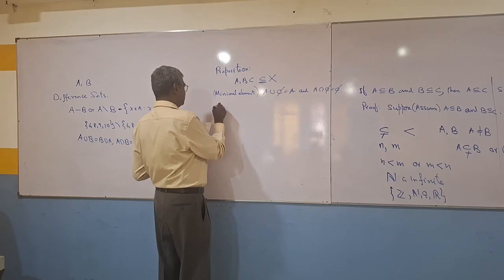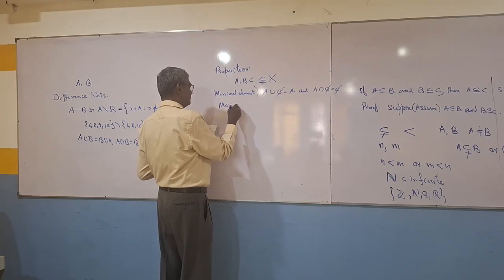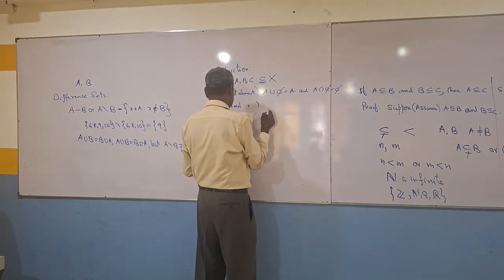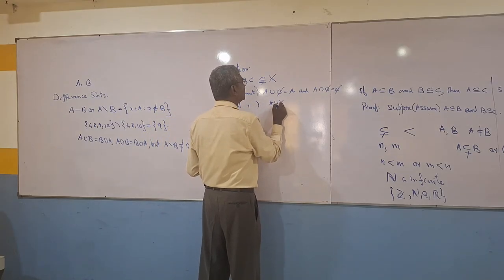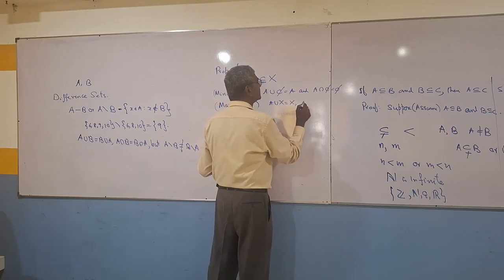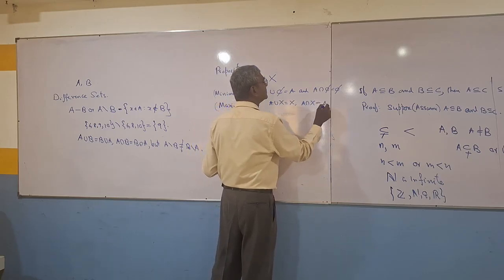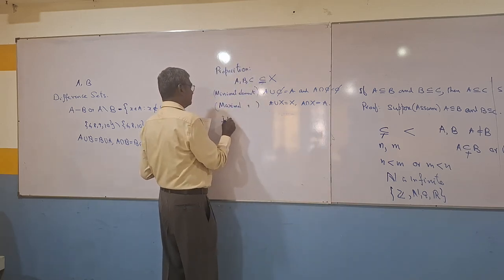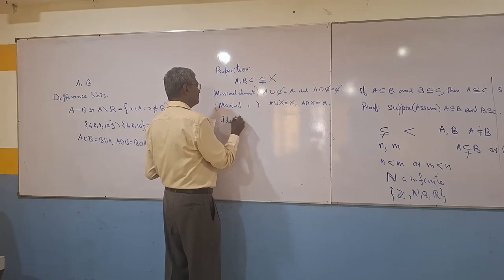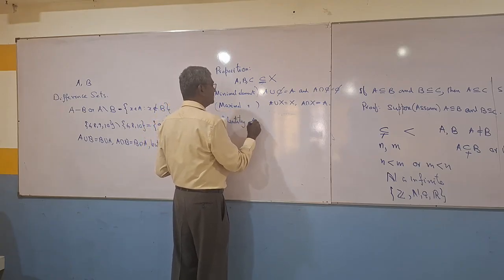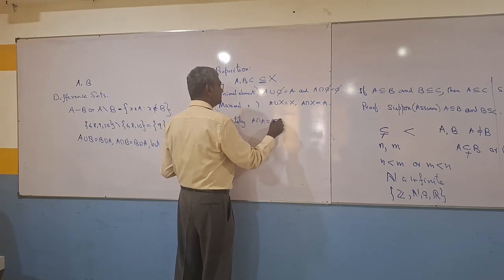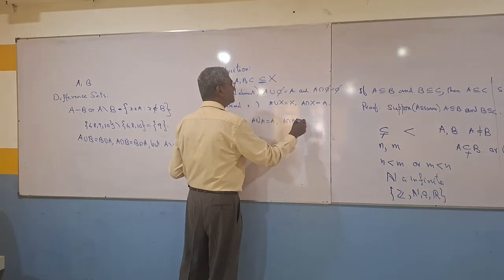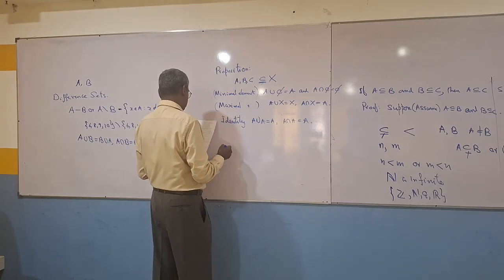The maximal element: I don't know why he gave these names, whether it is that important. A union X is equal to X. A intersection X is A, identity. A union A is A, as well as, oh sorry, I did not write, A intersection A is also A. It's very easy to prove all of them.